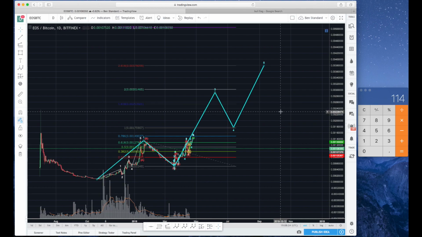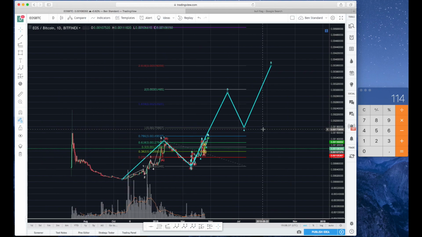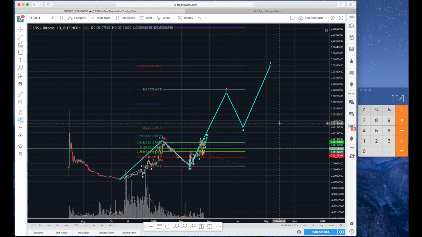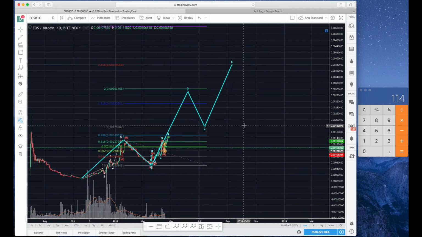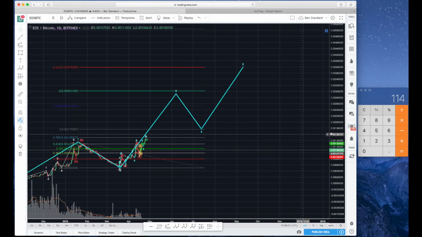That would be a price of $114 for EOS. I mean, it's possible, but it's just like 12x from here, which is not that much in cryptos, but yeah, we'll see what happens.